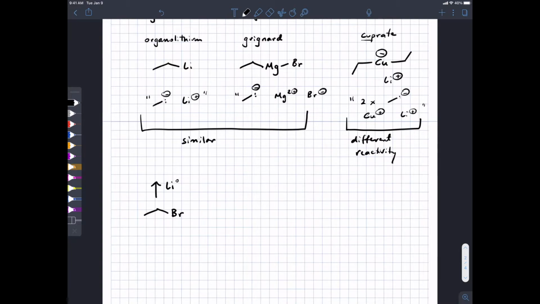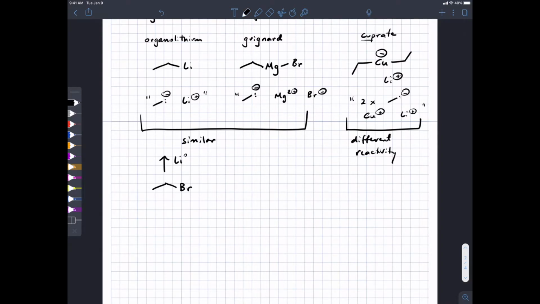It's probably a terrible use of your lithium battery, but if you wanted to, I guess you could. And that will, through a mechanism you're not responsible for, convert the alkyl halide into the organolithium reagent. It involves basically some electron transfer and some radical-like stuff that we don't need to worry about.